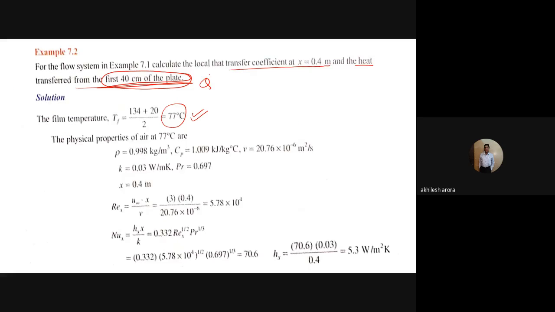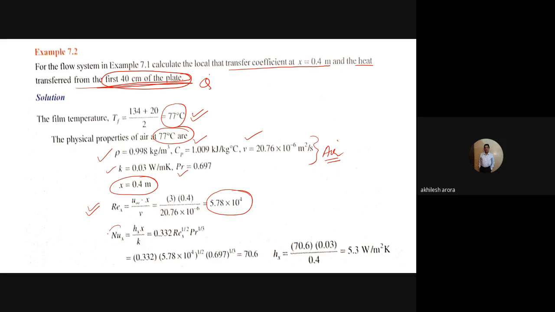So here you are taking the properties corresponding to 77. We can see from the tables rho, Cp, nu, thermal conductivity, and Prandtl number. All these values will be given for the air, which you can see from the tables, and this is the value of x. So we can calculate the value of the critical Reynolds number, which is 5.78 into 10 raised to power 4.